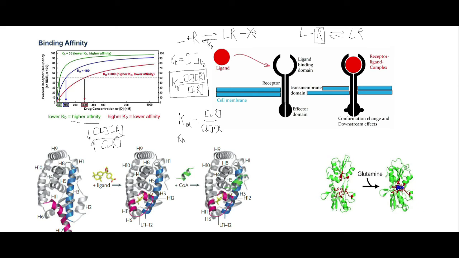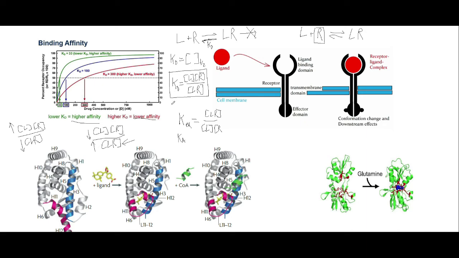If we have more of this, that means our ligand is bound to the receptor. So if our denominator increases, then we are increasing the affinity for it. And the opposite, if the denominator goes down and this goes up, then our Kd will be higher, but it will be lower affinity.